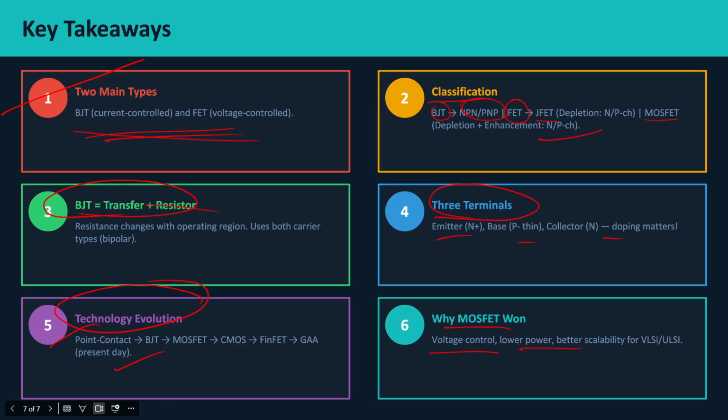Why MOSFET? It is a voltage control device, it gets less power, and the size and complexity are also less compared to the BJT. That's why I moved to the MOSFET. We also discussed the operating regions and how it works, like amplification, or as an on switch or off switch.